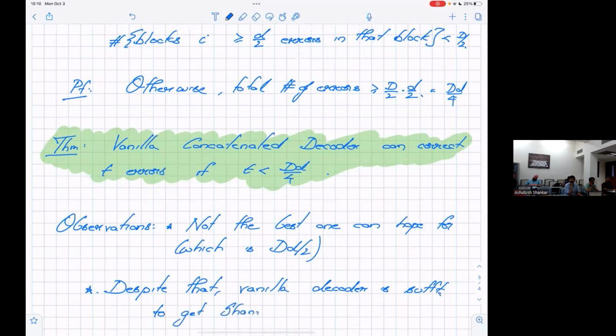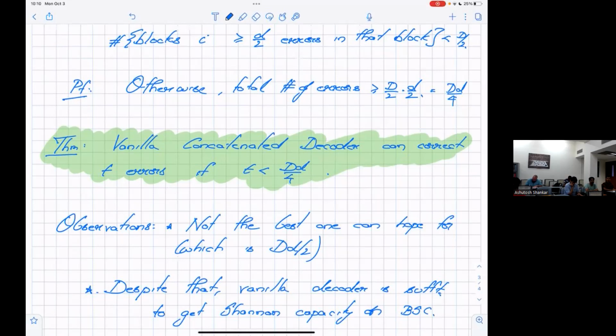This is not the Hamming worst case errors, but Shannon capacity on BSC. That's what we'll spend the next 20 minutes or so doing. We'll try to show how the vanilla decoder is already powerful enough to do Shannon capacity. Okay. Questions on the vanilla decoder?